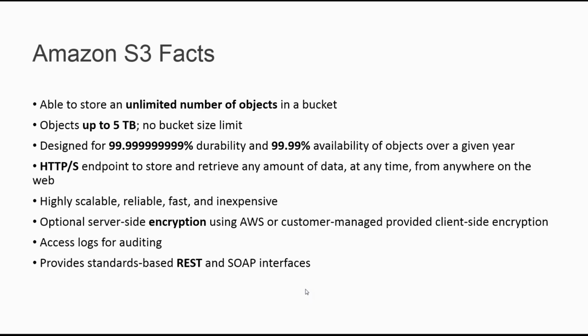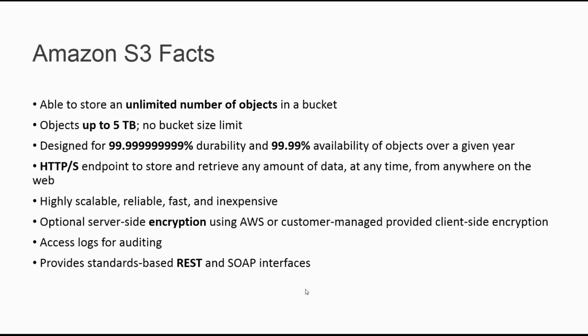And this type of durability comes at a really cheap cost, right? That is what is making S3 popular among businesses, and they have started using S3 as an extension to save all types of data, with availability of 99.99% over a given year.